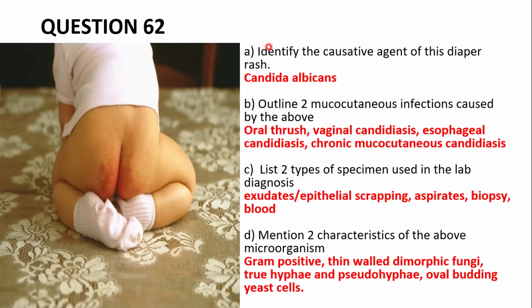It does that to survive at body temperature and to become infectious. So it will be a mold at room temperature, and then as it infects people, in our bodies we have that 37 degrees, so that's heat. It will change into a yeast. Okay, hope that's clear.